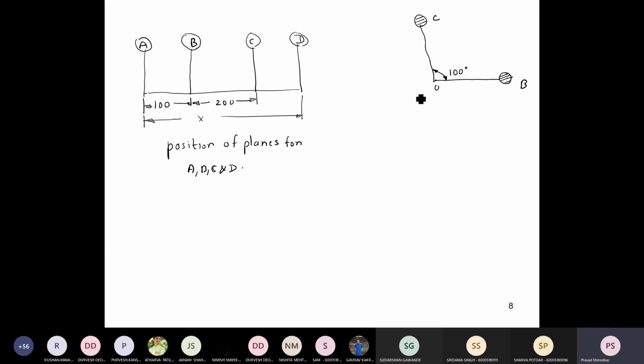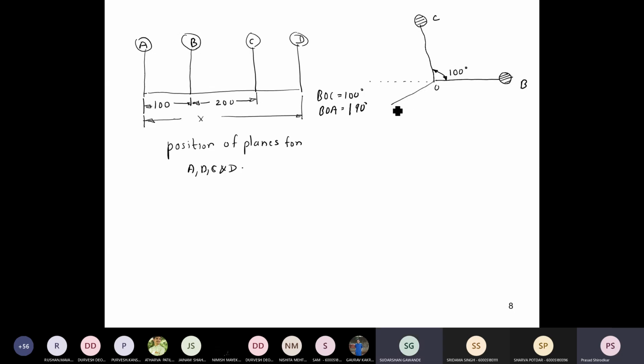And BOA, so BOC is 100 degrees and BOA is 190 degrees. So 190 degrees means slightly more than 180 degrees.